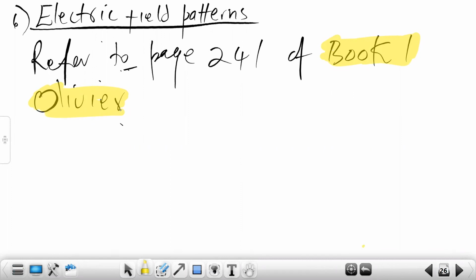They originate and end perpendicularly to the surface of the charged object. They can never cross or touch each other. They are more dense or close to each other where the field is the strongest and least dense further from each other.